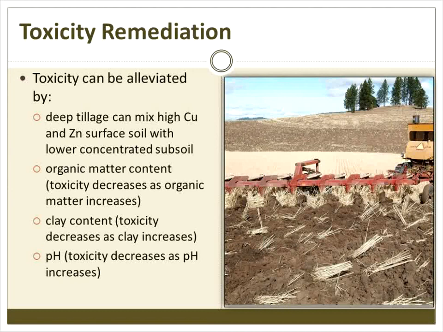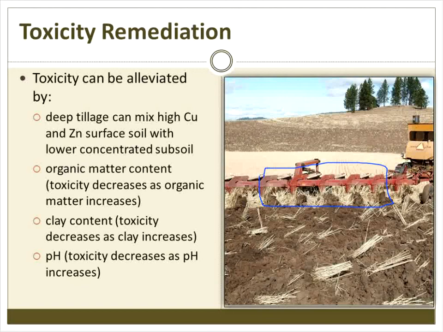So you're back down to a 200. You've got these really deep tillage methods where we're trying to cut that zinc or copper concentration simply by diluting it down lower into the profile.